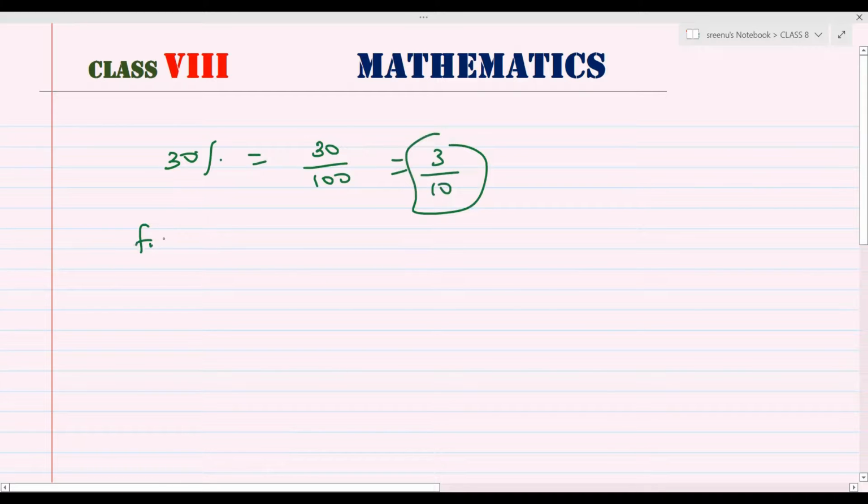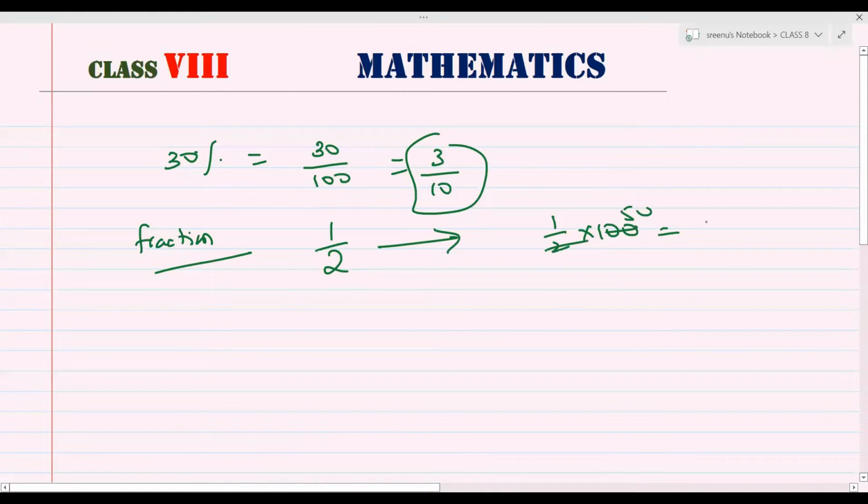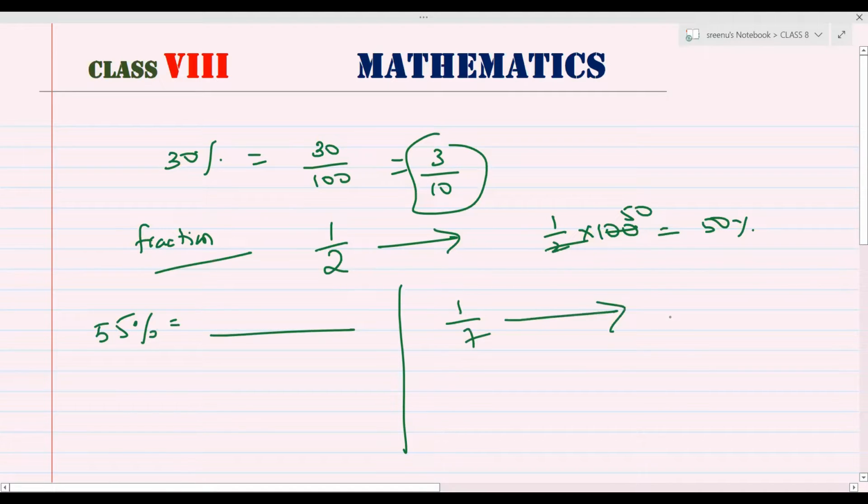Now fraction to percentage: if I give you 1 by 2, you will get 1 by 2 into 100, which is equal to 50%. Okay. So these two sums, if you do not know, convert 55% into a fraction and 1 by 7 into a percentage. Please do it, Avinash.